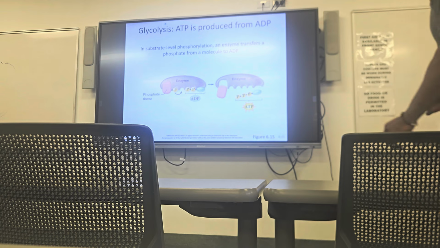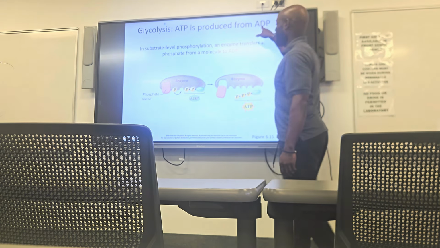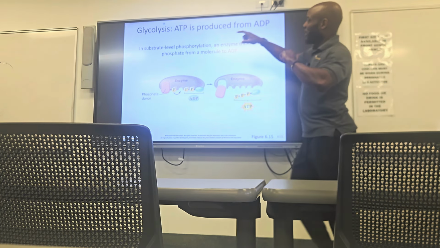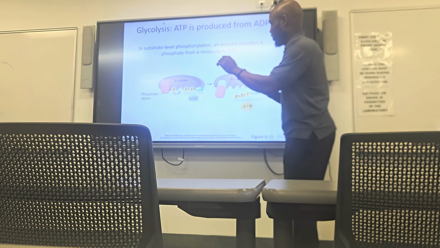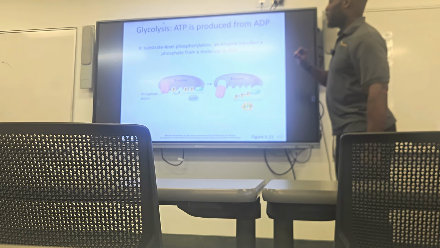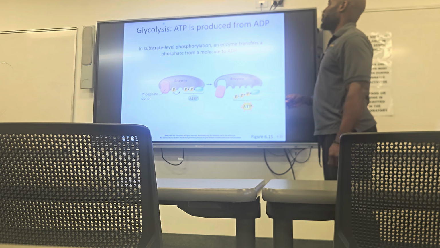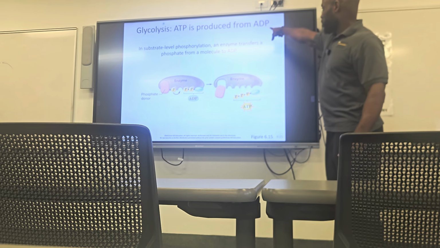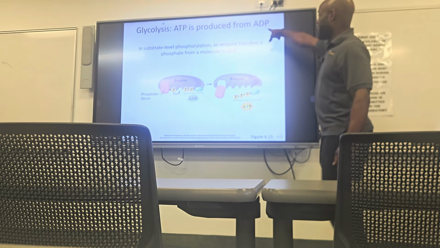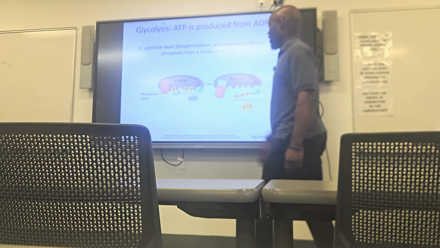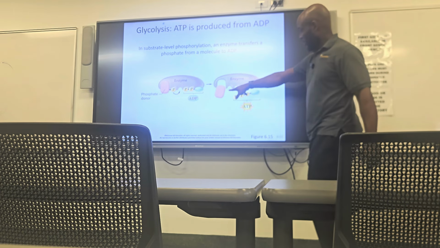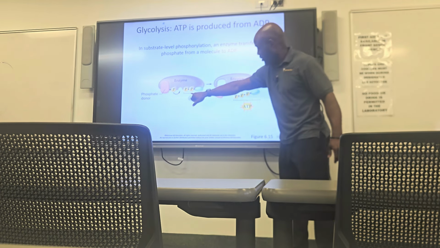All right, so ADP, adenosine diphosphate, ATP, adenosine triphosphate. When we energize it, when we add energy to it, we go from ADP to ATP. So we add one more phosphate group to the ADP.